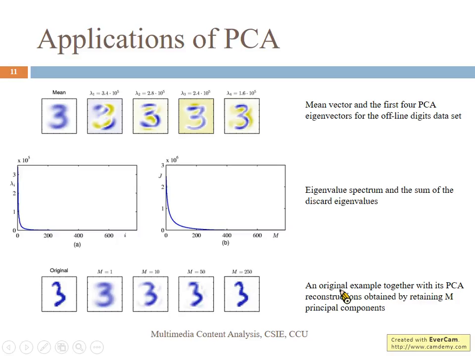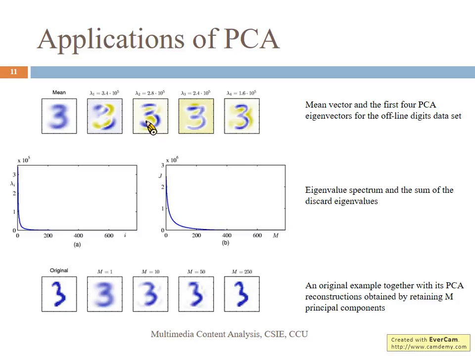So now we have introduced PCA, the principal component analysis. So we can describe some applications of PCA. Here, assume that we have many images with digit 3. Given maybe 5 or 10 images consisting of digit 3 in various forms, we can perform PCA on that.